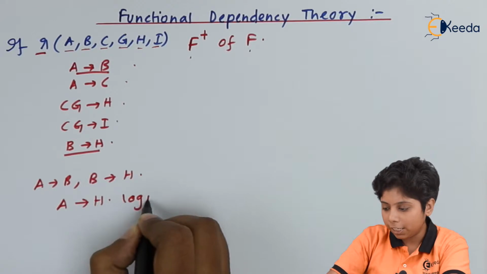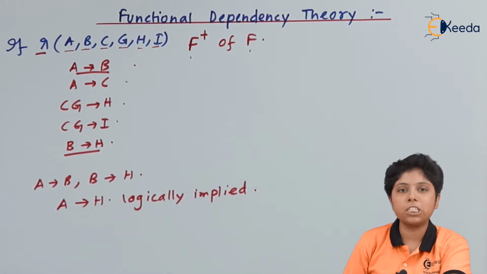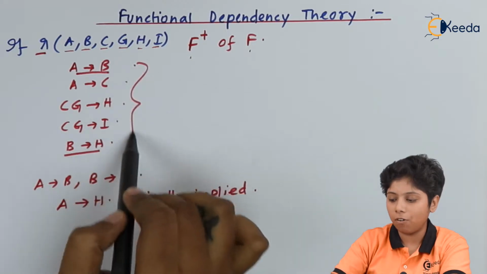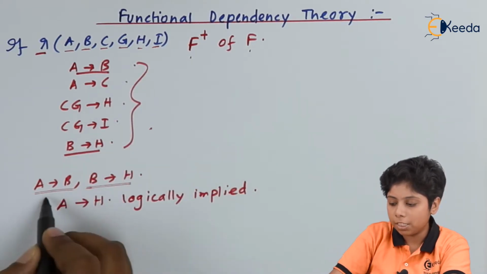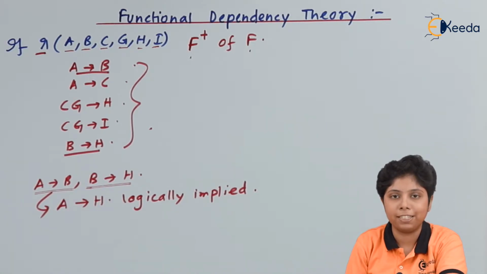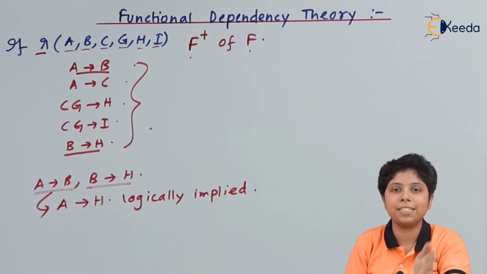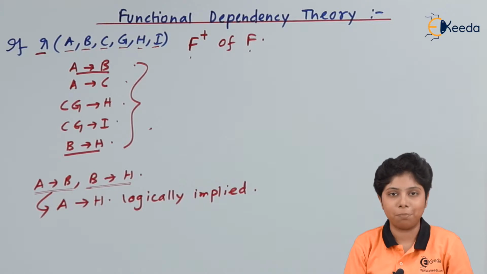Logically implied means that it is not recorded in the list of functional dependencies, but from the functional dependencies we can imply another dependency. So the logical implication, or a transitive dependency, is a dependency which can be formed from two or more dependencies of the existing functional dependencies.